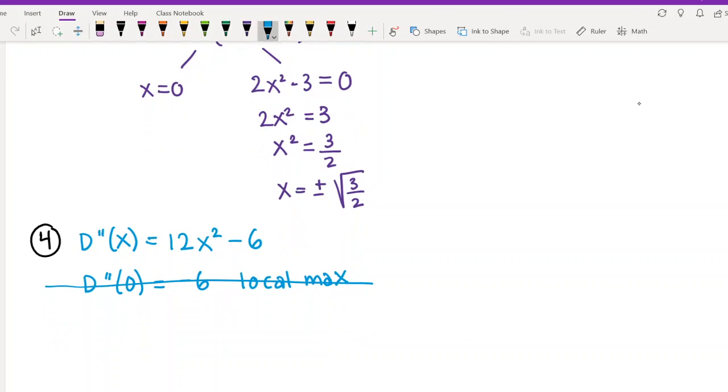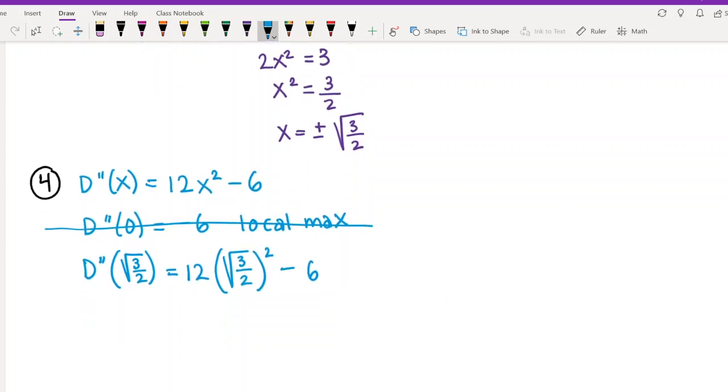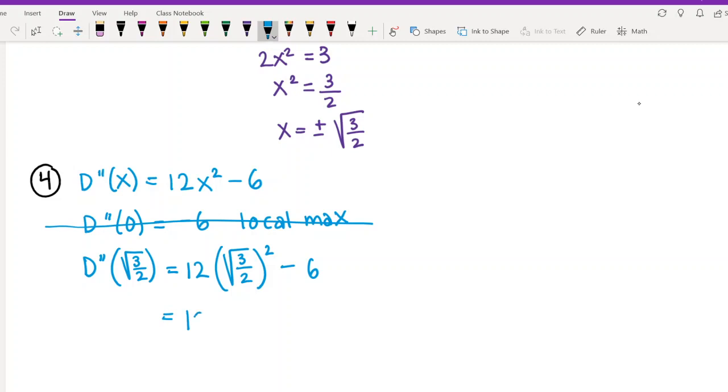So if we plug in square root of 3 halves, we get 12 times square root of 3 halves squared minus 6. So that's going to be 12 times, when you square this, it becomes 3 halves. 12 times 3 halves, we can simplify, we can write this as 6 and get rid of that.